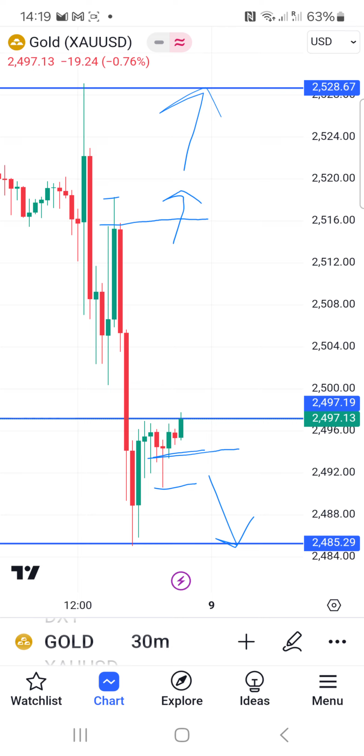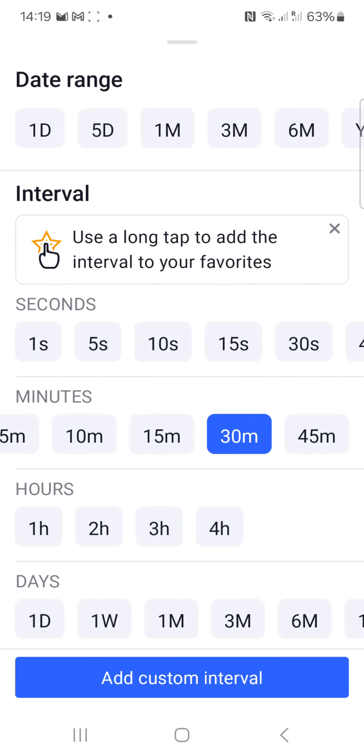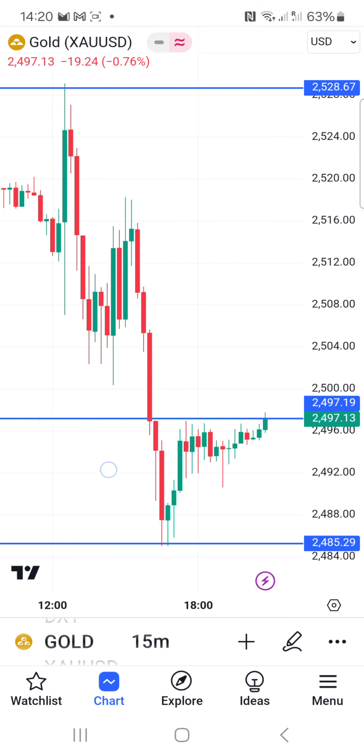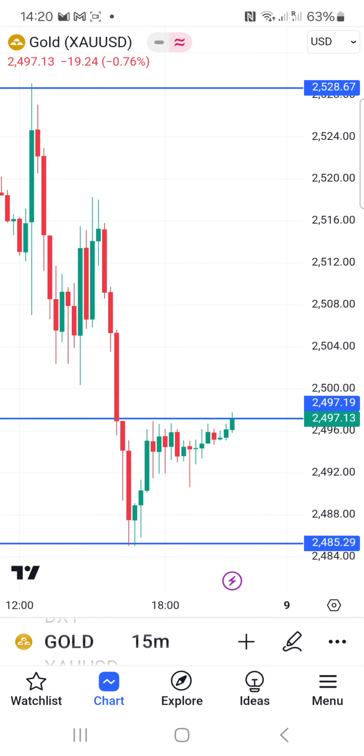So since we would like to trade as day traders, we can move down to 15 minutes and see how it is also. Our 15-minute candle is in a trend here.